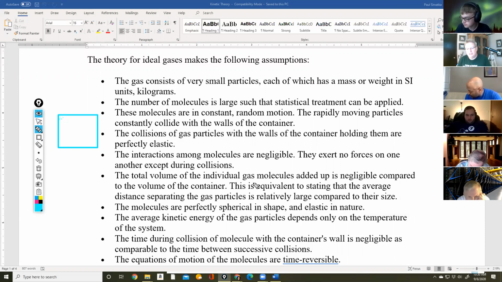The total volume of the individual gas molecules is very small compared to the total. This is equivalent to stating that the average distance separating the gas particles is relatively large compared to their size. So a molecule is here, a molecule is there. These are really small compared to the distance that separates them. Got it?